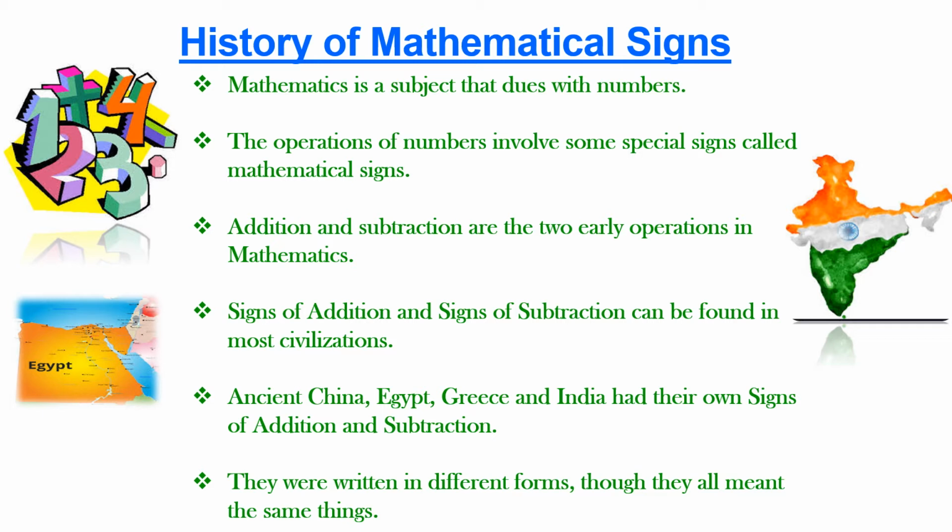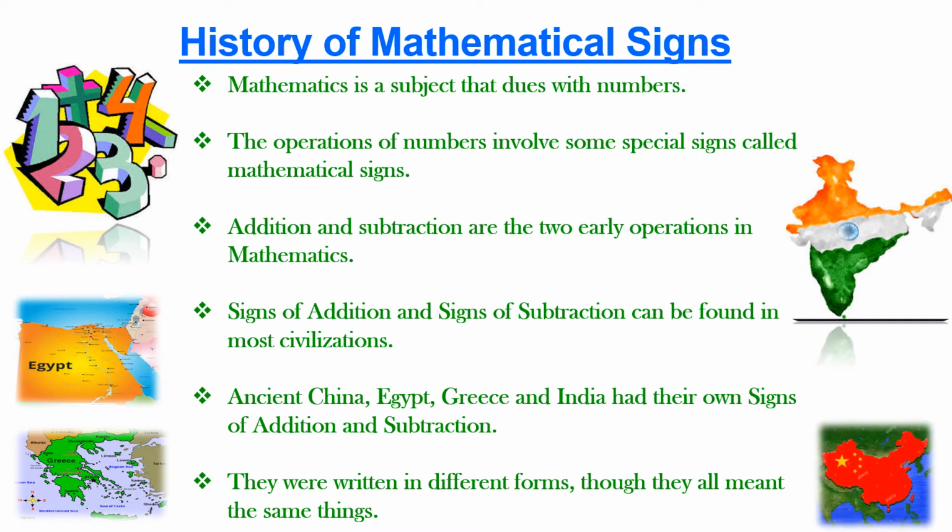Signs of addition and subtraction can be found in most civilizations. Ancient China, Greece, Egypt, and India had their own signs of addition and subtraction. They were written in different forms, though they all meant the same thing.